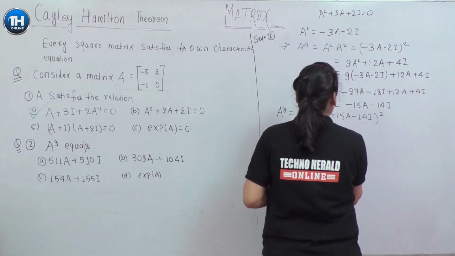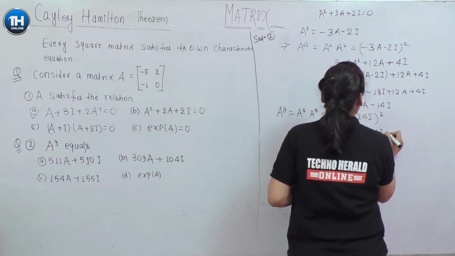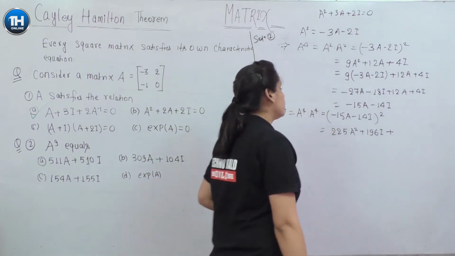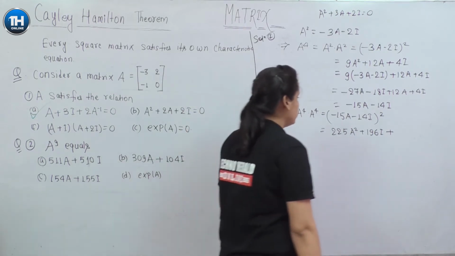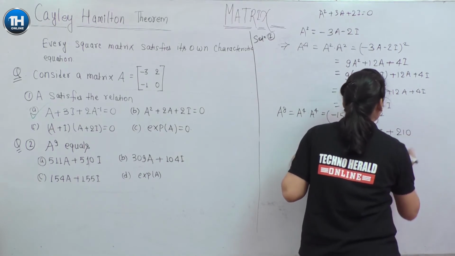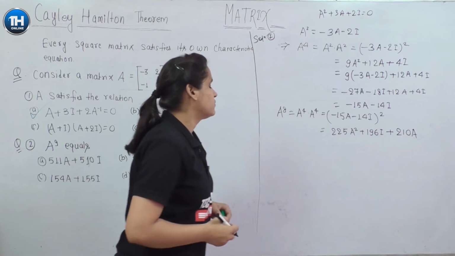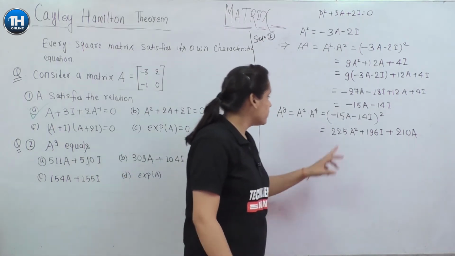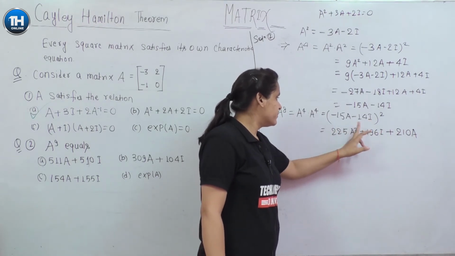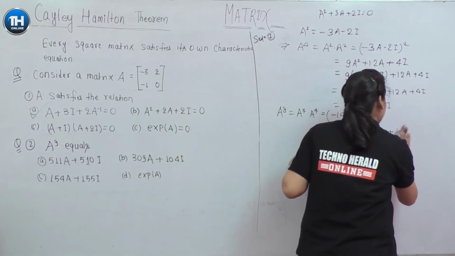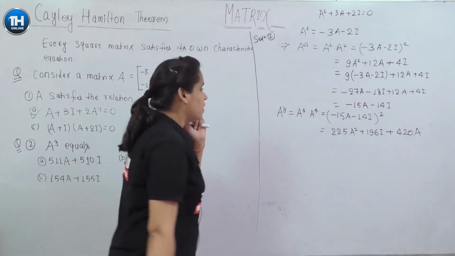This will give you 225A square plus 196I and plus 15 into 14, which is 210, plus 210 A. Okay, this will give you 225, this will give you 196I, then 15 into 14 is 420, and 2 into A into B, 420A. Fine.